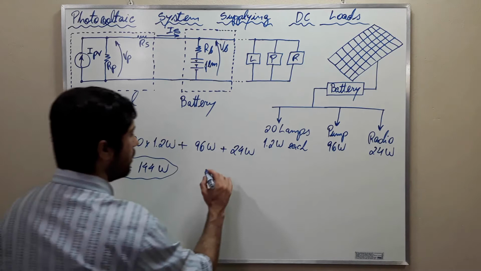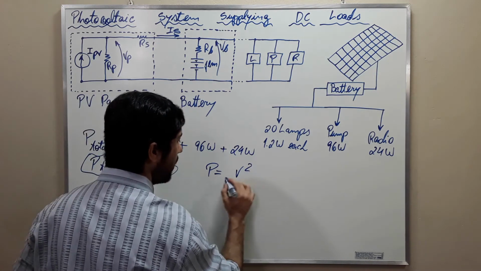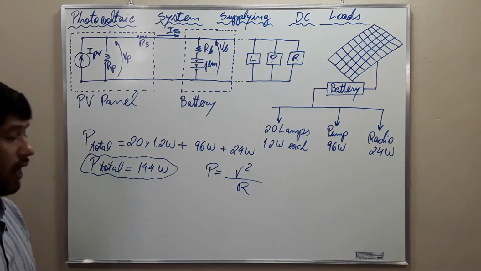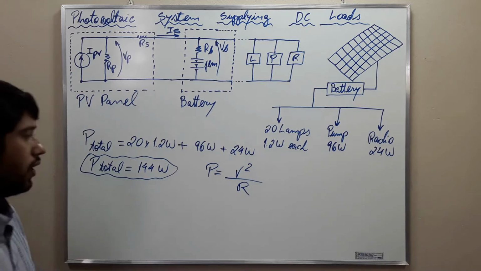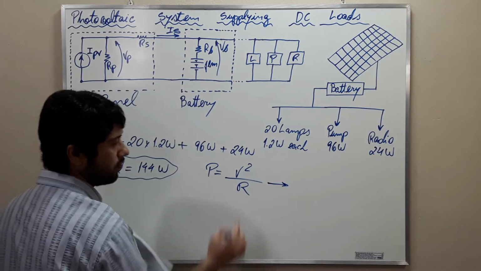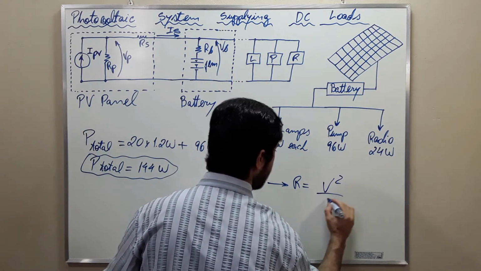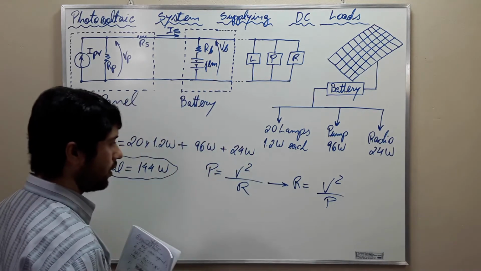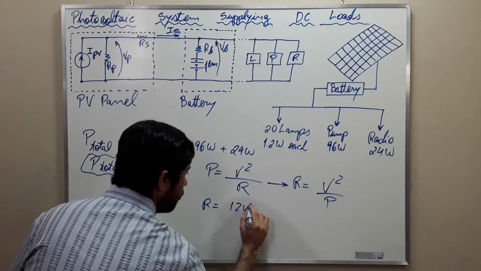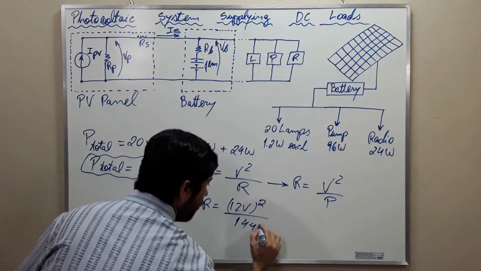See that the real power is equal to V squared divided by R. What we can do is pass R to this side and P to this side, and then R is equal to V squared divided by P. So R is going to be equal to 12 volts squared divided by 144 watts.